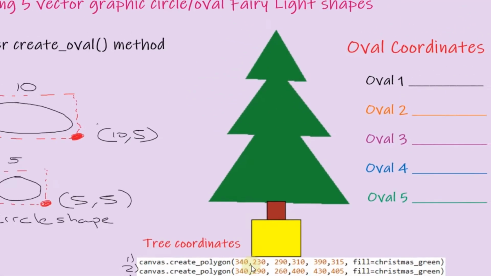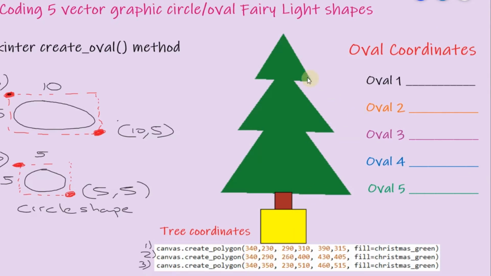So 340, remember, is the midline running down the middle of the tree. So if we say this is the midline, roughly straight, we can say that this is 340 on the x, and we're not really interested in the height of it at the moment. It's just this midline that we're interested in.